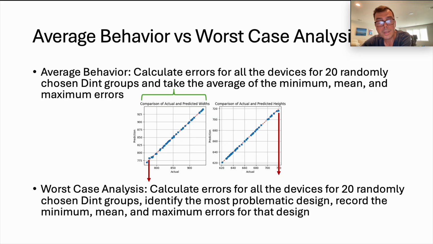And the other group I call worst case analysis. So we will look at the devices which give the highest error, and we will only take the mean or maximum of those worst cases. For example, you see the one at the very right or the second one from the left. Those are the somehow bad guys. So we will pay attention to those bad boys.